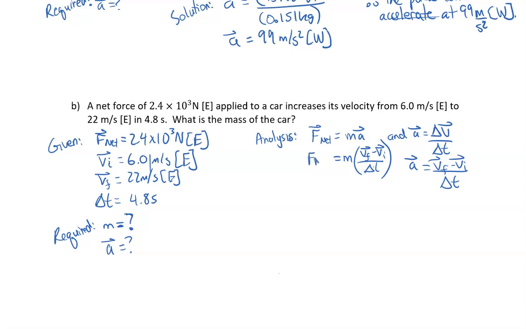Now, I still am not solving yet for the mass, so I have to rearrange this. So I'm going to divide both sides by v final minus v initial over the change in time. Whatever I do to one side, I have to do the other. And that's going to cancel out that whole fraction on that side, and so I'm left with mass is equal to this. I substitute my known values in.